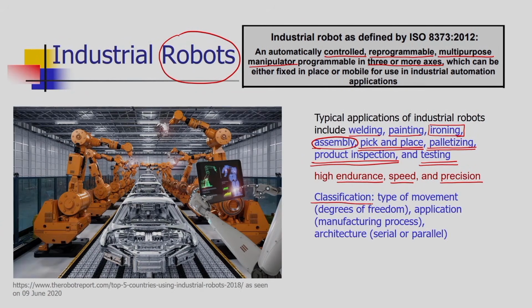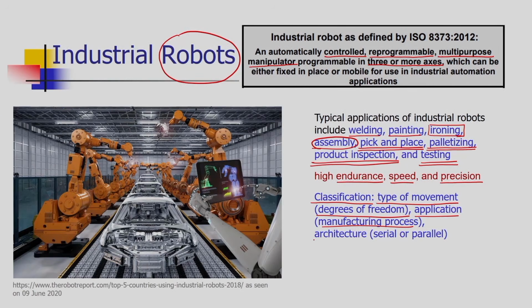Various types of robots are used in the industry and they can be classified based upon the type of movement, that is the degrees of freedom, or the application, that is the manufacturing processes. It may be for the welding, for the palletizing, or for assembly or any other manufacturing process operation.